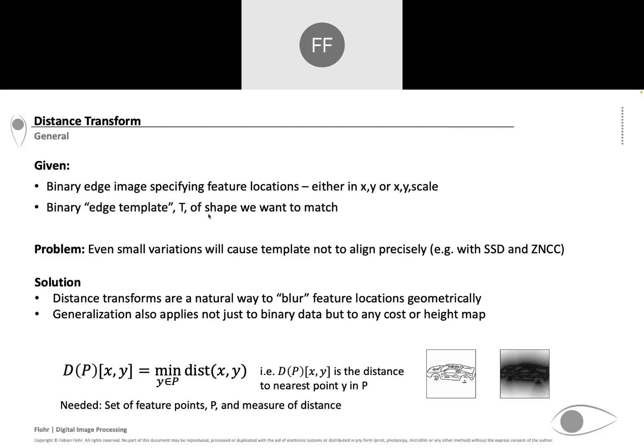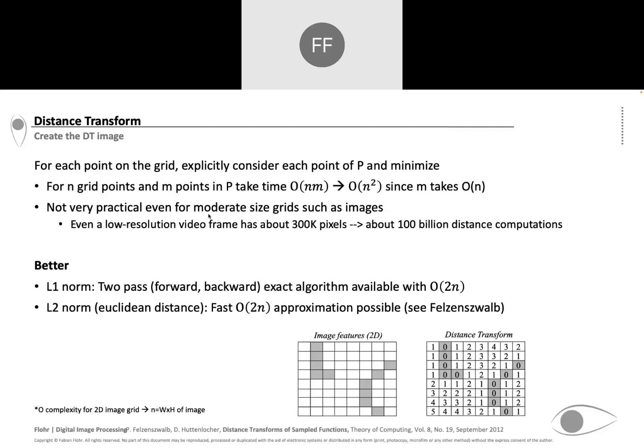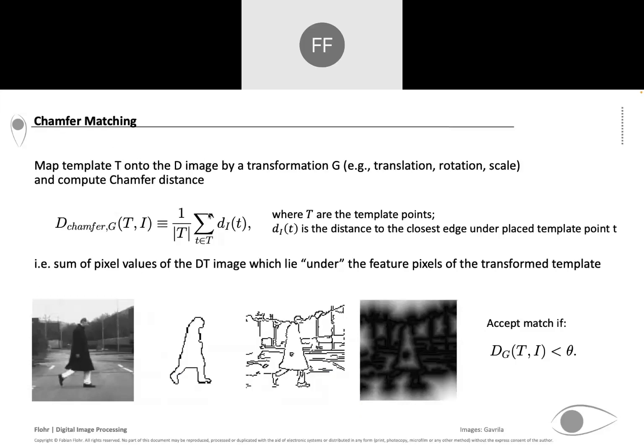Basically, the distance transformation gives you for each point in the image the distance to the closest edge. So this is the formula for that, right? So the distance transform image gives you for each image location exactly the minimum distance to the next feature value, to the next edge value, right?